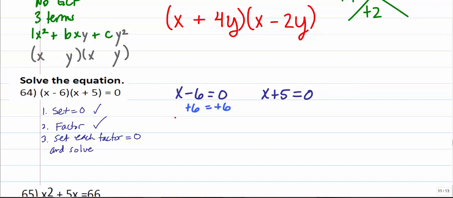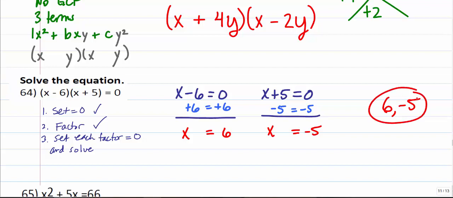And when I add 6 to both sides, I'm just left with x equals 6. Here, I'm going to subtract 5 from both sides so that I'm left with x, in this case, equals negative 5. So if you just want to list your answers as 6 and negative 5, that's fine.